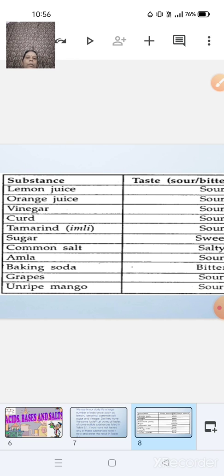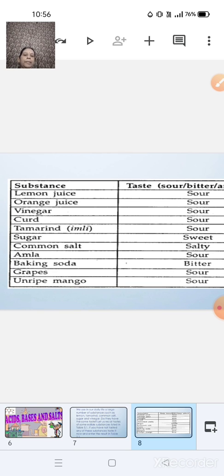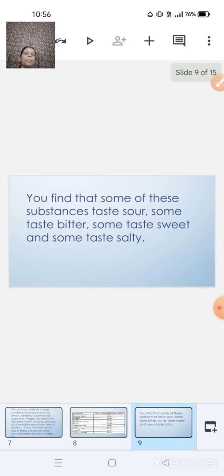Unripe mangoes are also sour to taste. So children, here we found that all these substances that we use in our day-to-day life have a sour, sweet or bitter taste. Although you have already tasted many of these substances, you can still collect them, taste them and maintain a table.